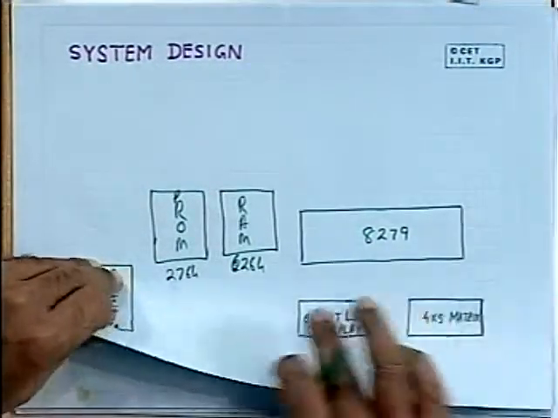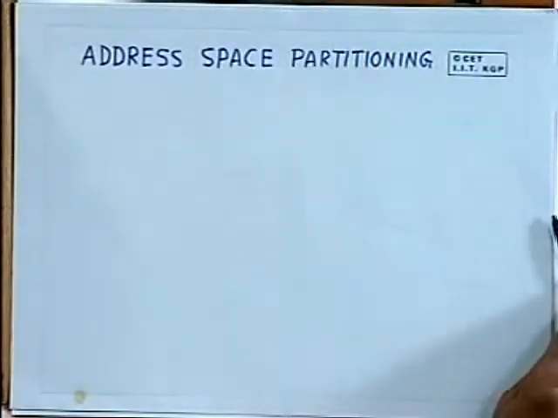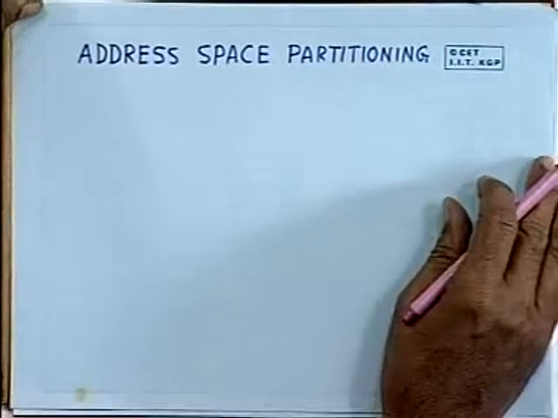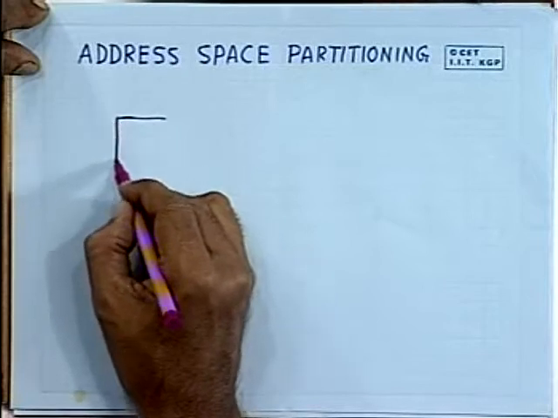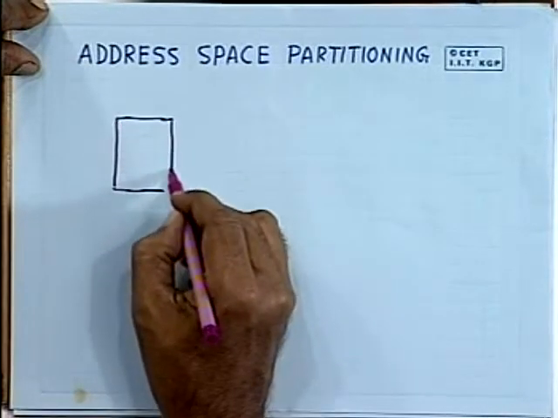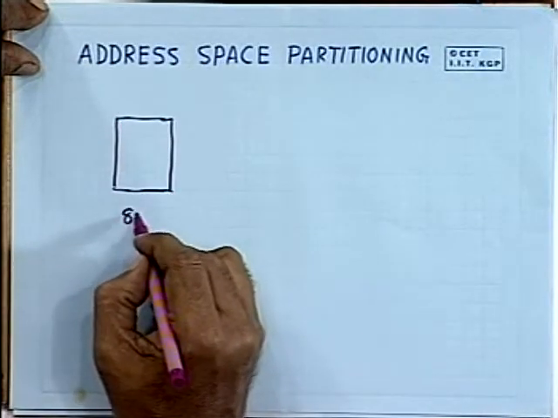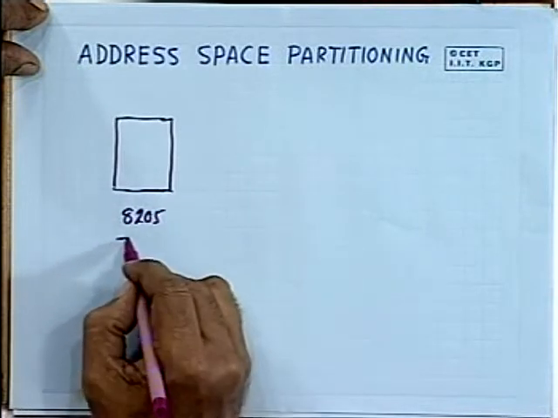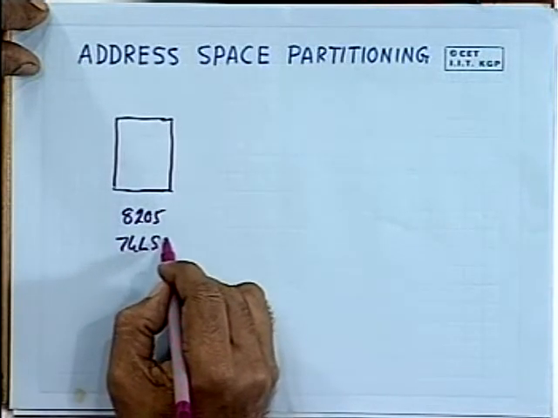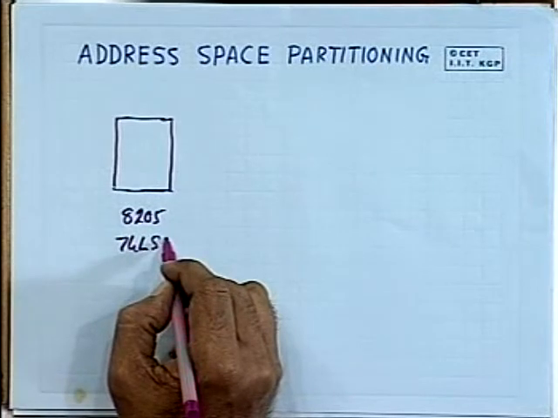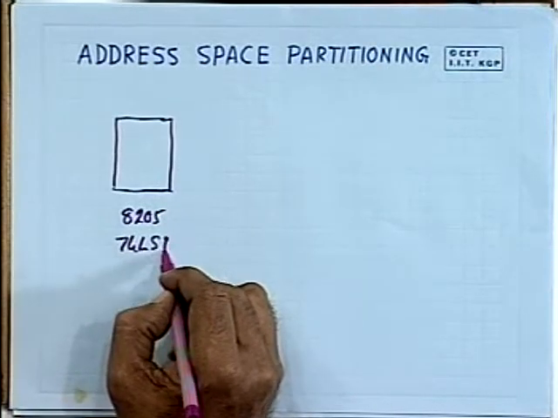Let's see how we can do the address space partitioning. We can do the address space partitioning with the help of a decoder circuit like this. We can use either 8205 or 74LS138.